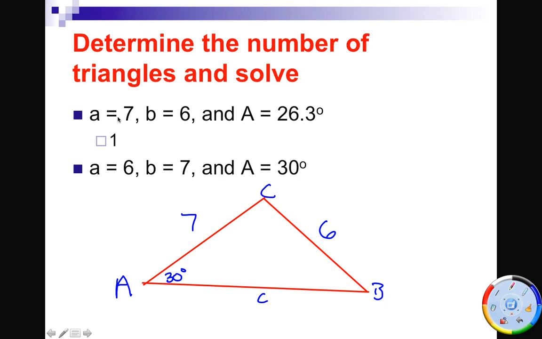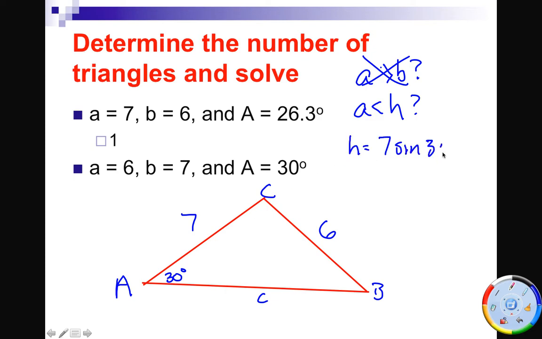Now, I could try what I did earlier. Is A bigger than B? Oh, no, it's not, because I used the same numbers but switched them around. Is A less than H? I don't know, because I haven't found H yet. H is 7 times the sine of 30.